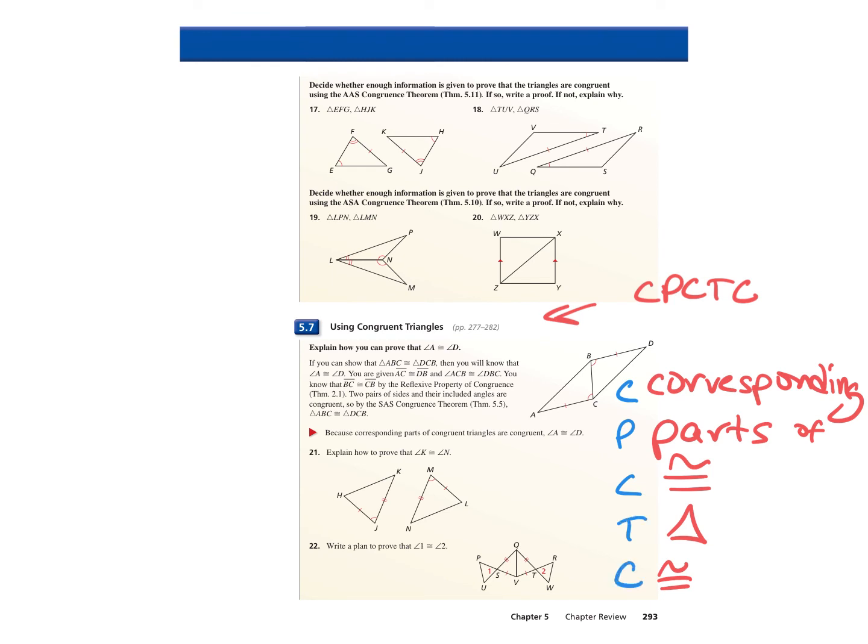Corresponding parts of congruent triangles are congruent. That's what it stands for. So you would use this after you've already proven that the 2 triangles are congruent. So all of these examples in this review are good ways to practice for the test, in addition to using your warm-ups, your notes, your homework.